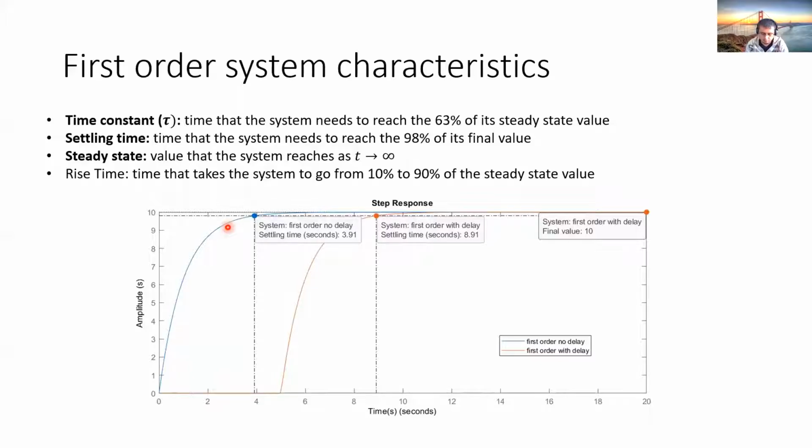It means that our system has a good response with this type of properties. This is the case of a first order system, which is like the basic system that you could find in industry, or any thermal or flow system.